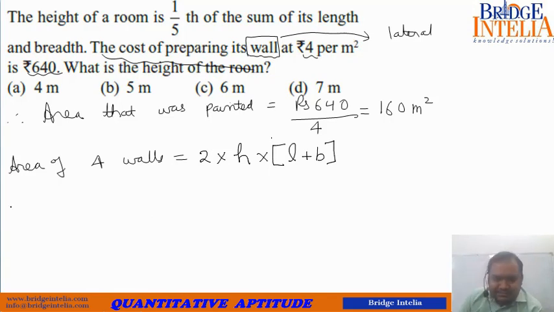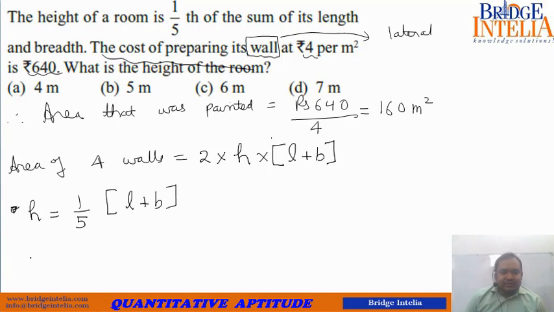It is said that the height of the room is 1/5 the sum of its length and breadth. So height is equal to 1/5 of length plus breadth. From here we can see that length plus breadth must be equal to 5 times height.